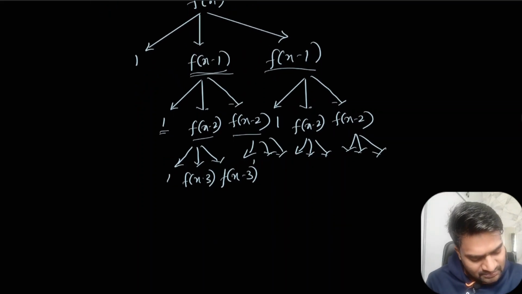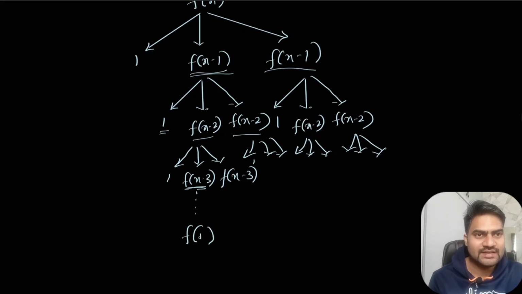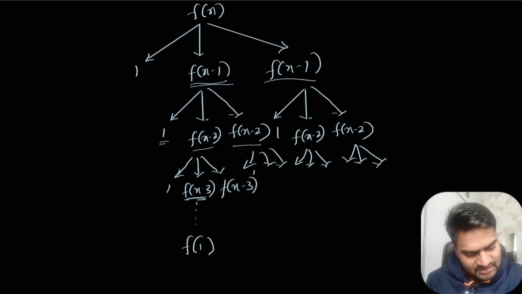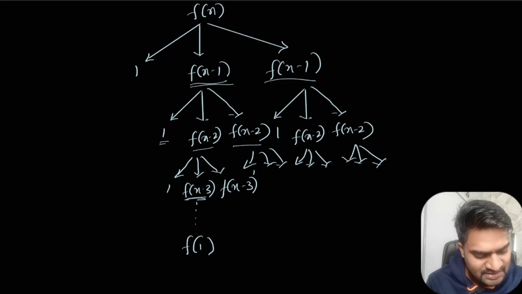It will continue until this function, f of n minus something, becomes f of 1. So it means it started at n, then it ended at 1. So basically n is the height of this particular recursive tree.